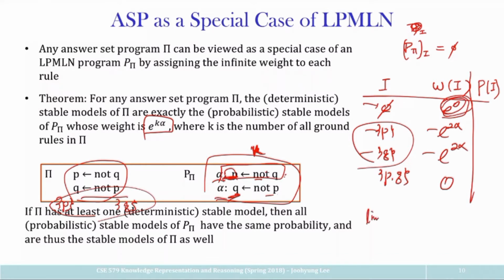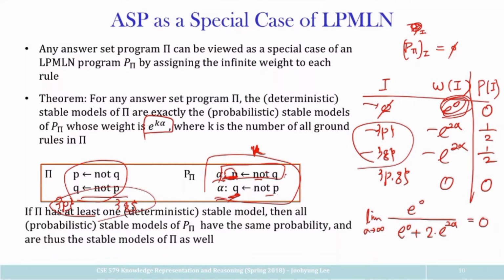It's the limit as alpha goes to infinity of e to the power of 0, divided by the whole weight, which is e to the power of 0 plus 2 times e to the power of 2 alpha, right? And what is this value? 0. So this probability gets 0. Same way, of course, this is obviously 0. What about this guy? Half. This guy gives half and half. So although the weight is not 0, the probability can be 0 because of these hard rules.